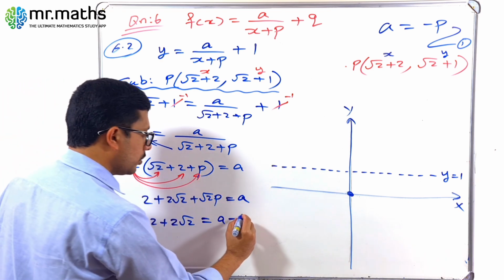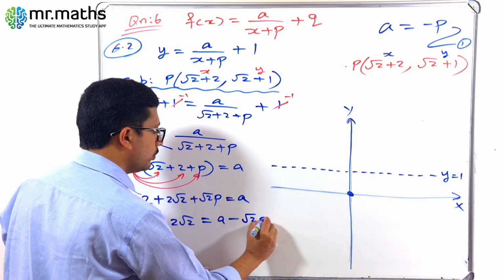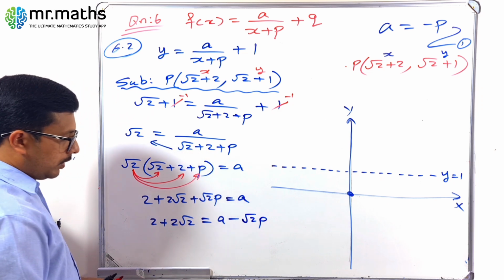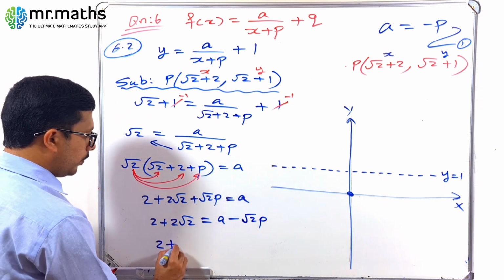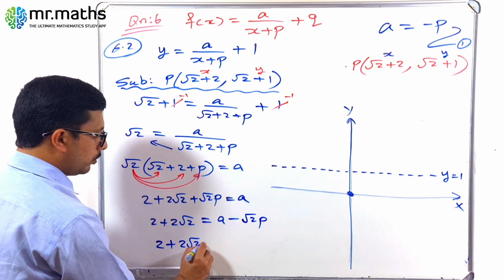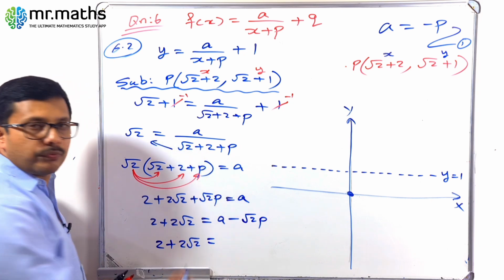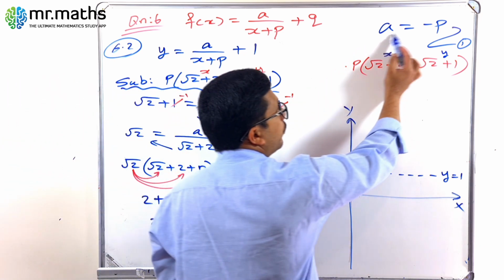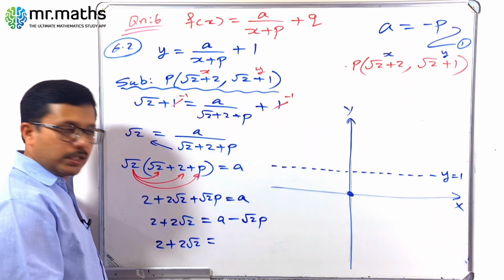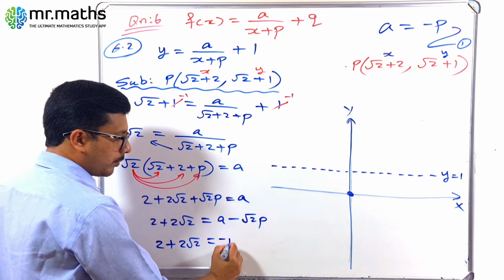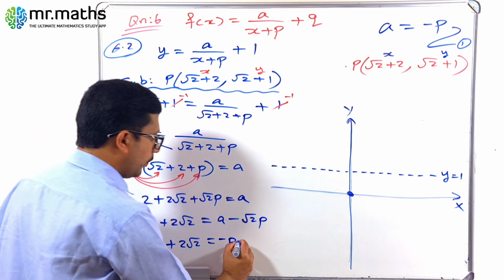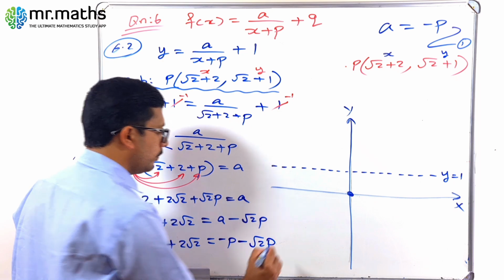Now instead of a, we have an expression for a in terms of p, that is minus p. So instead of this a, I can substitute minus p, giving minus p minus root 2p.